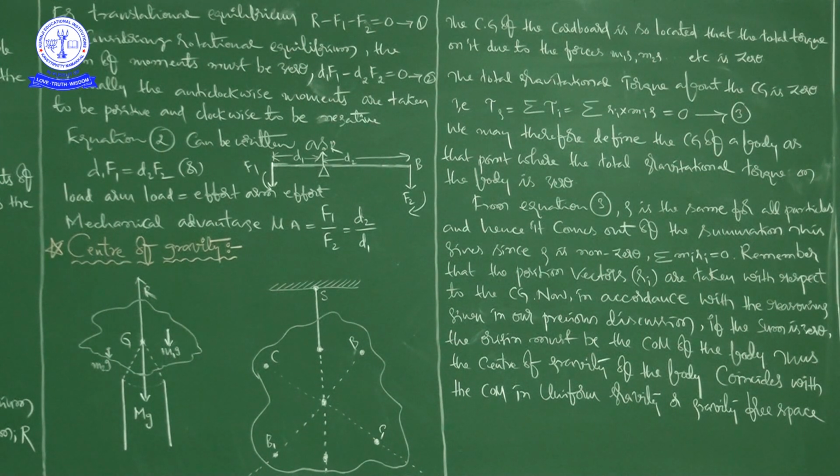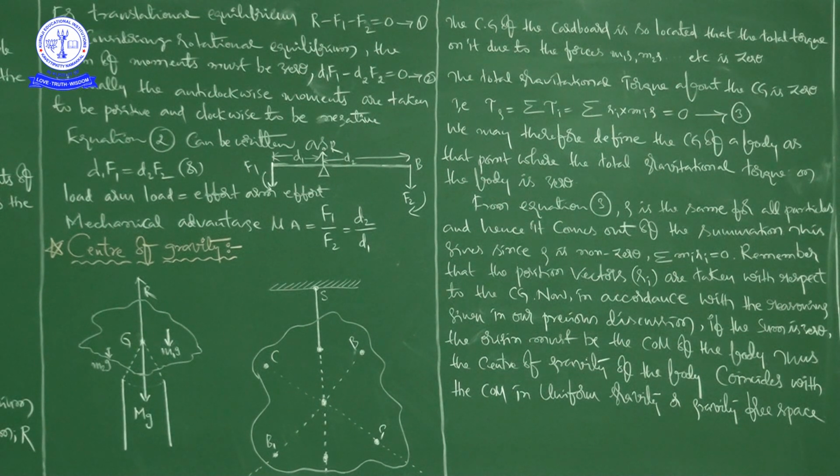Next, see here, the center of gravity of the cardboard is so located that the total torque on it, due to the forces M1G, M2G, etc., is 0. That is what he is talking about.